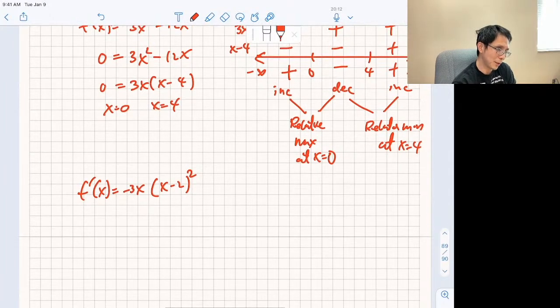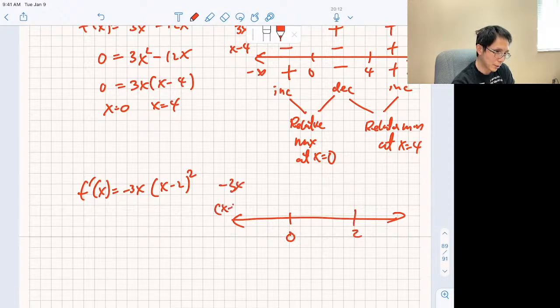What do you do? You plug in, right? The critical values are 0 and 2, and now you plug in negative 3x and x minus 2. Be careful with this, because everything squared is always positive. It doesn't matter what the sign is, even though there are two critical values.